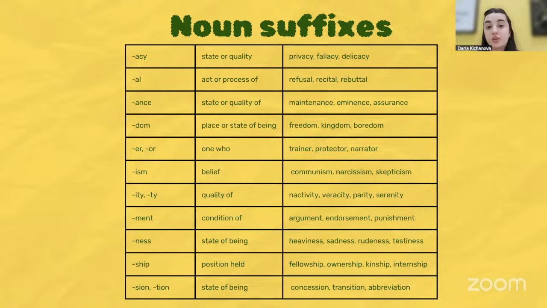And when we are talking about nouns, we can create nouns with such suffixes: ness, dom, er, or, ism, ity, ment, ship, tion, and etc. So here you can see the different meanings that they give, but actually, you just need to remember the noun suffixes, what they are and how we can create, for example, from the word free, the word that means the state of being free, it's freedom.